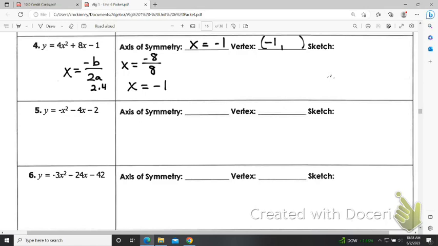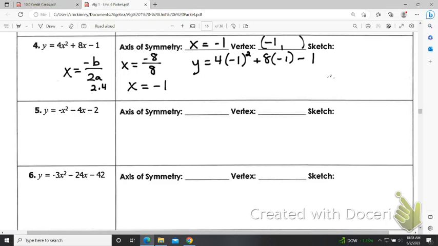Now I'm going to plug that negative 1 in. I'm finding y, so I plug in this same number, negative 1, for both x's in the equation. Remember that squaring a negative makes a positive, and that the squaring happens before the multiplication.